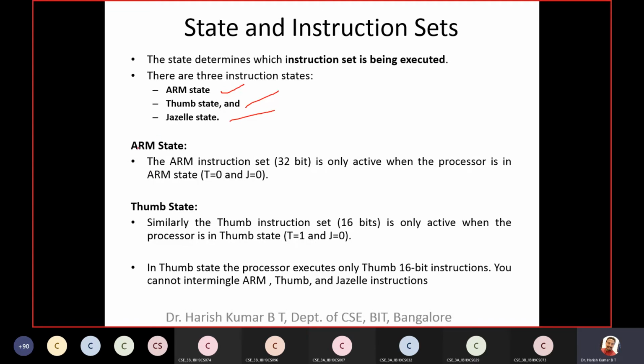When the processor is operating in the ARM state, which is the default state, your T bit, the 5th bit, and the J bit, the 24th bit, are both 0, and it uses 32-bit instructions. Similarly, in the thumb state, the T bit is 1 and the J bit is 0, that is, the 5th bit in Cpsr is 1 and the 24th bit is 0, then your microcontroller is operating in the thumb state and it uses 16-bit instructions.